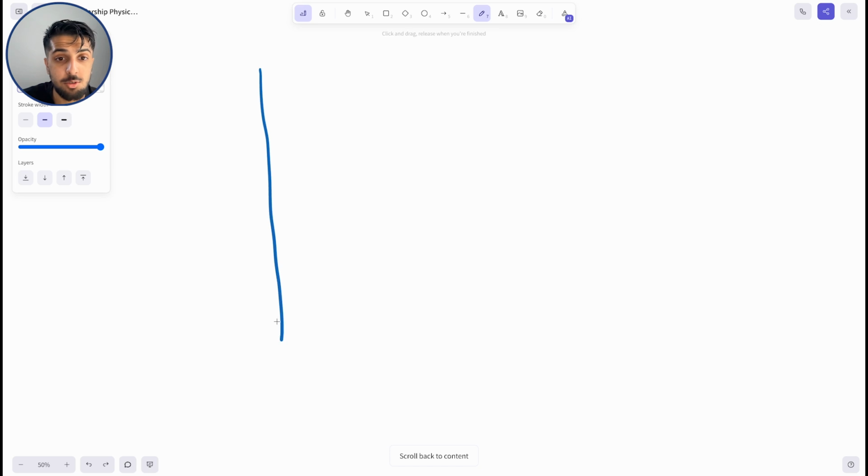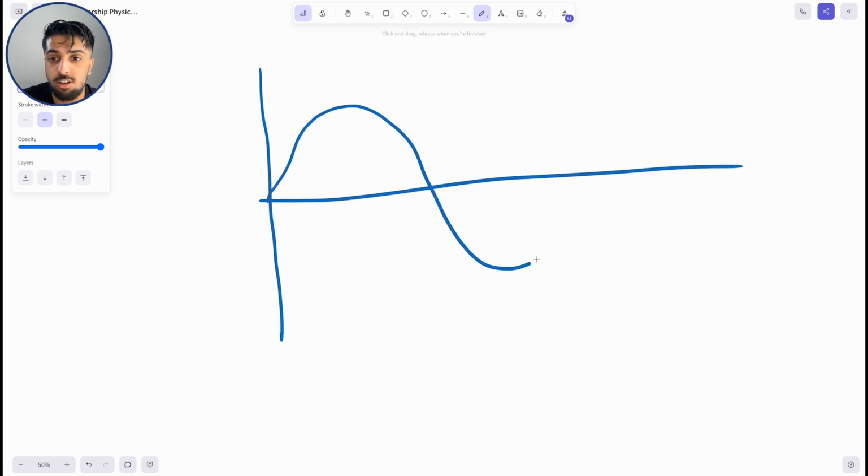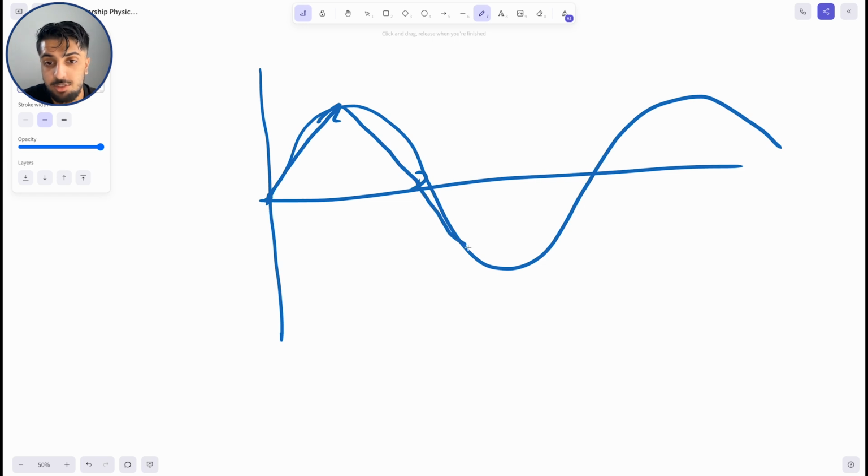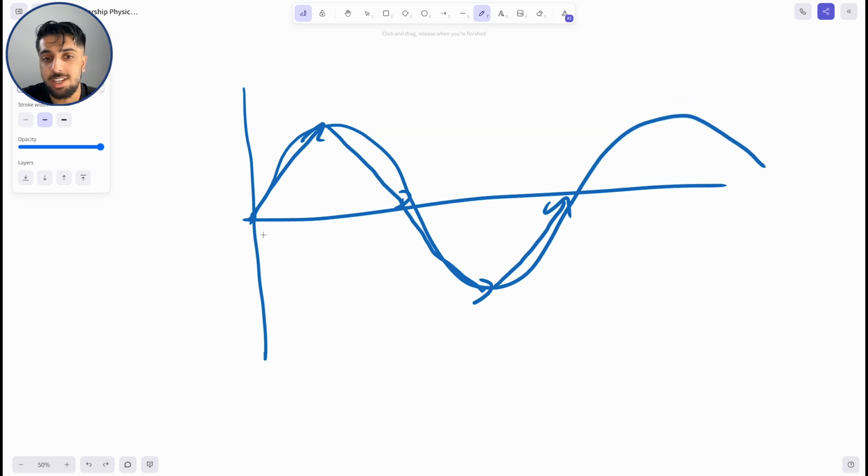The key idea for this question is that an AC power supply will go through like a sine graph type of thing, where it rises from 0 to its peak value, and it will drop down from its peak to 0, and then fall down from 0 to its negative peak, and then rise from its negative peak to 0, and the cycle continues once more. And these are the different phases of the voltage.